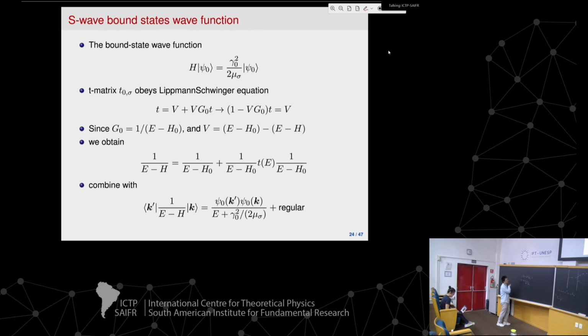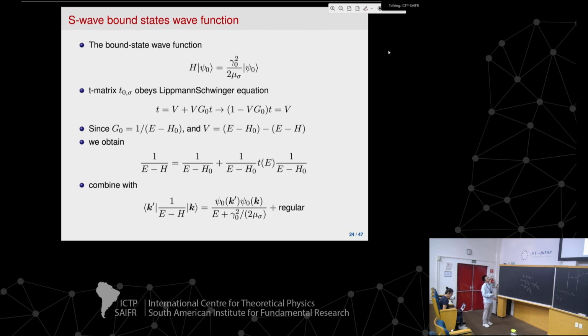So this will be the one term minus V times 1 over E minus H0. And you can combine the terms on the left-hand side. This will be E minus H0 minus V. So it's actually E minus H, the full Hamiltonian, times 1 over E minus H0.